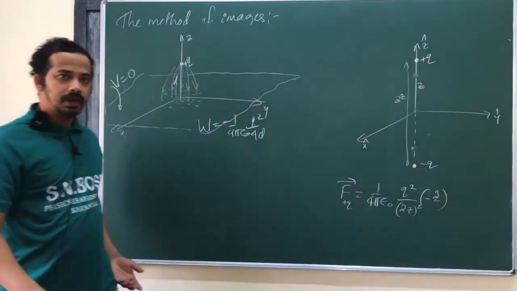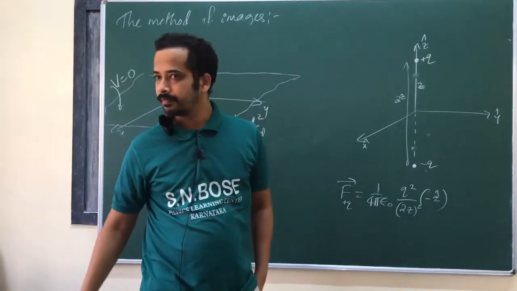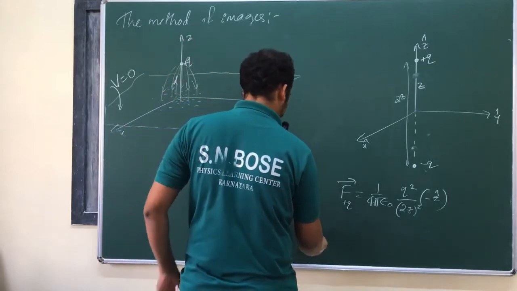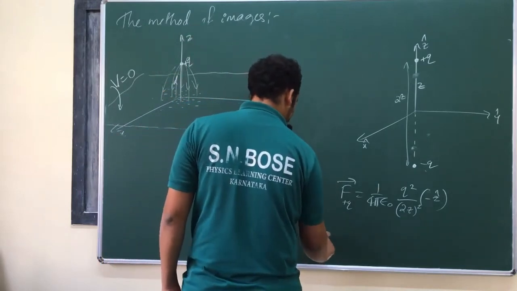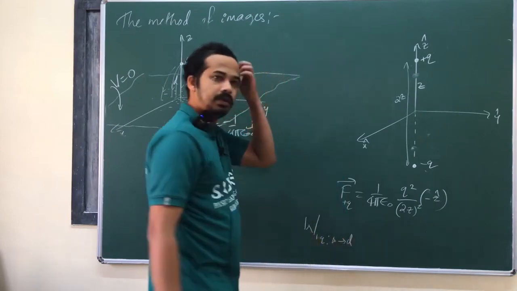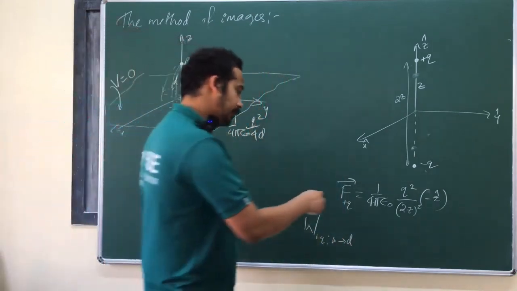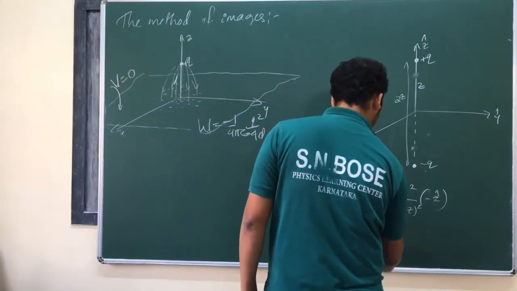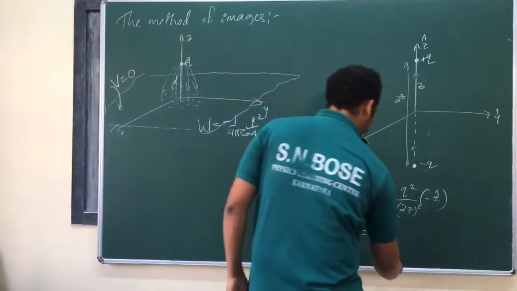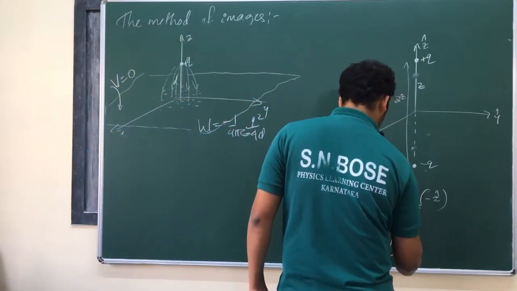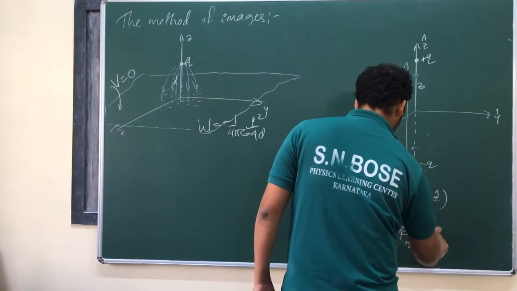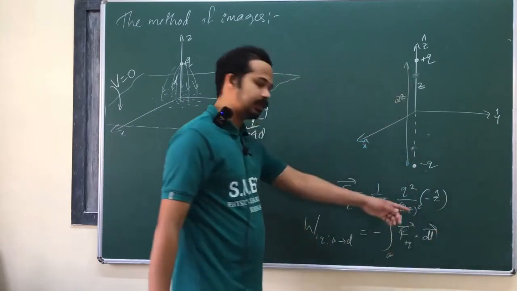And if I find work done in order to move this plus q charge from infinity to distance d, if I'm using this force, I need to place one more negative sign because I need to do work against the force: integral from infinity to d of F at plus q charge dot dl vector.